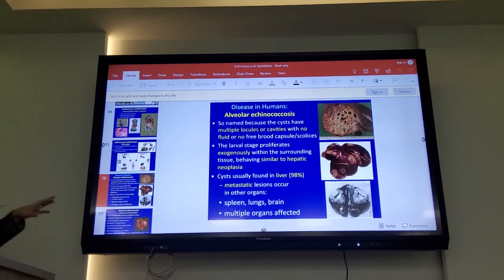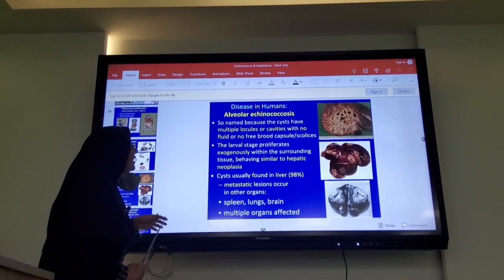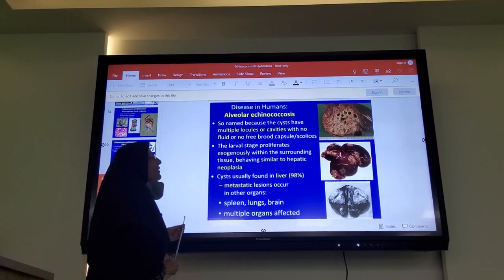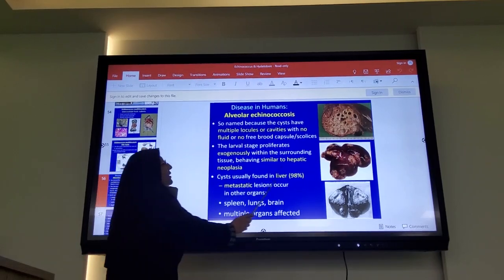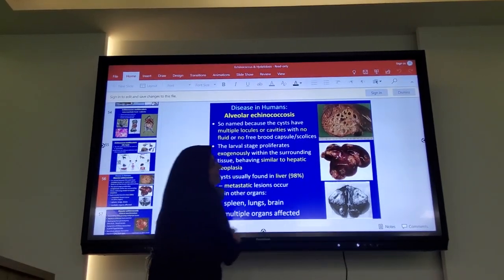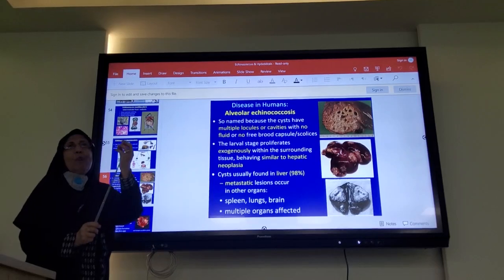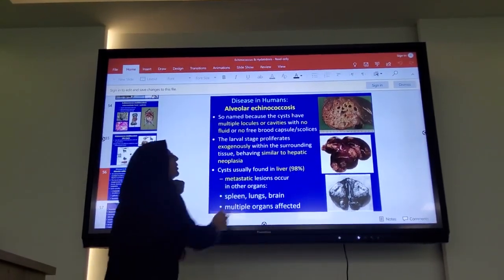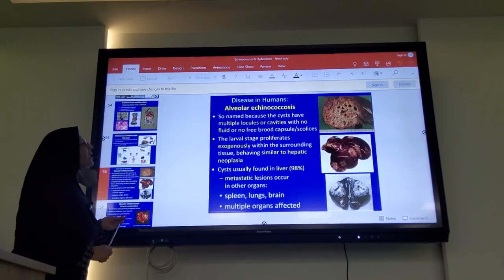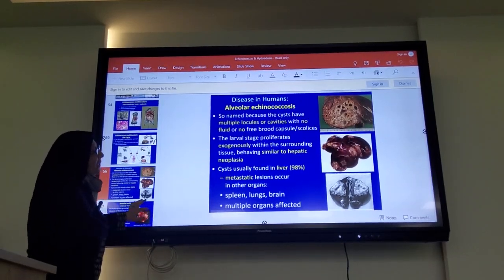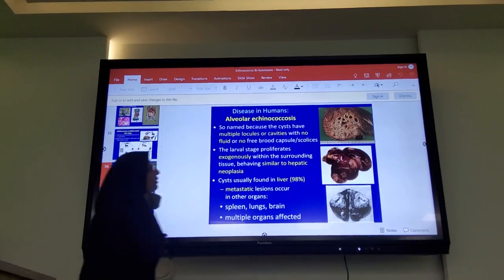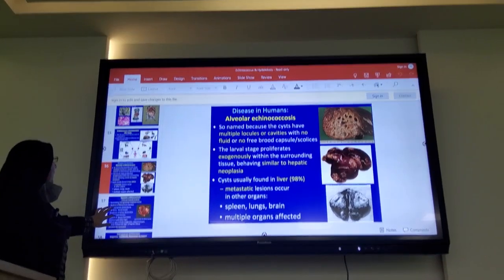So this disease may be mistaken for malignant diseases, especially liver malignant diseases, and it is called white cancer. It is not cancer, but it is known as white cancer because of the appearance of the cyst, which is like cancer of the liver.